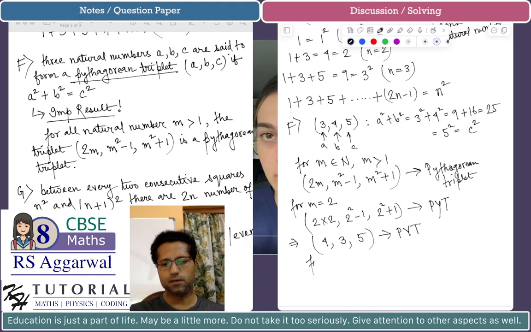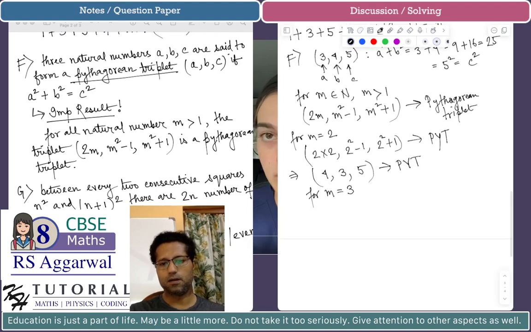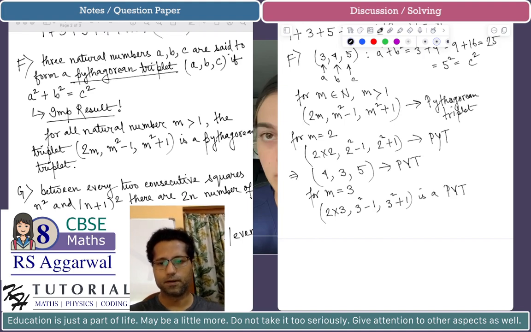You can also see for m equals 3, 2 into 3, 3 square minus 1 and 3 square plus 1 will be a Pythagorean triplet.